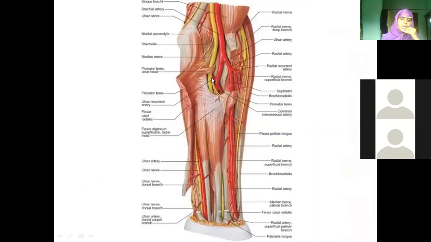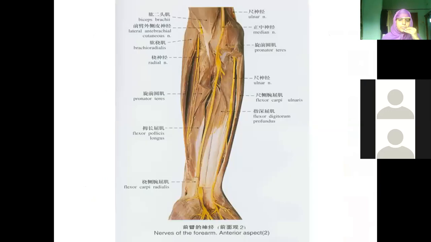Nerves anyhow I'll discuss in detail, but just to finish this. I told you we will see all the 3 nerves. What is this first small muscle? Pronator teres. What is the nerve piercing the pronator teres? Median nerve.